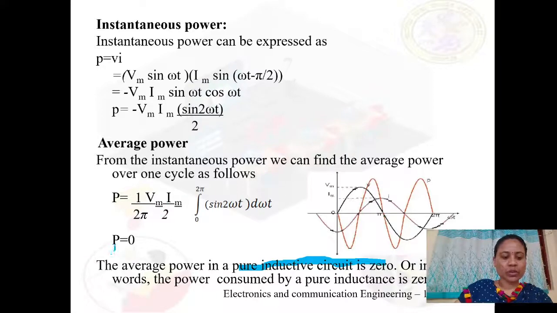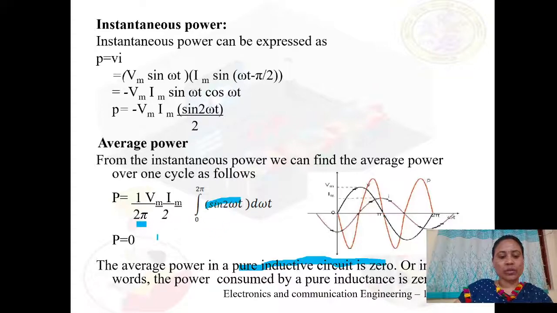We can also verify that mathematically. From the instantaneous power we can find the average power over one complete cycle. So over one complete cycle, let us take the mean value and represent the integration of this sinusoidal term over one complete period, that is 0 to 2 pi, integration of sin 2 omega t, divided by its length over one period, that is 1 divided by pi.